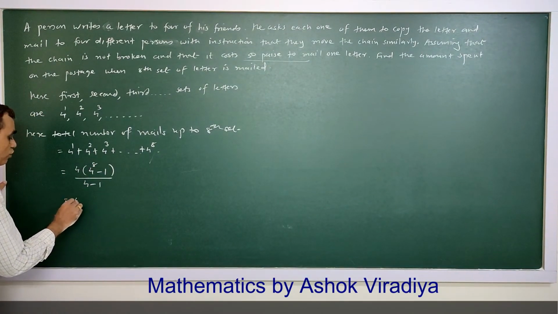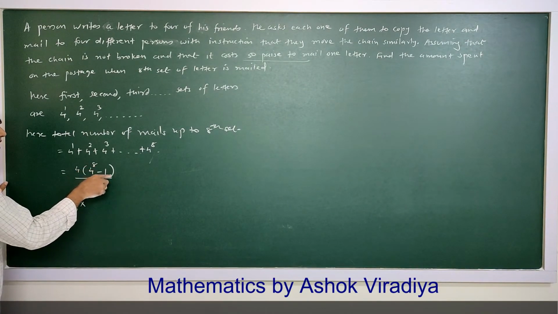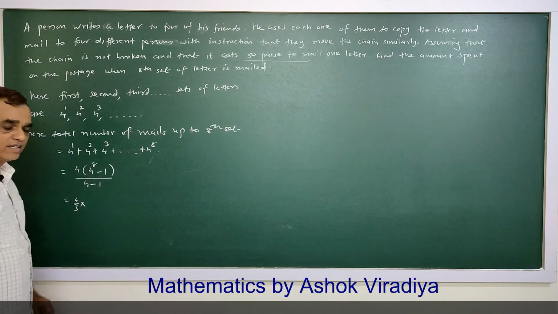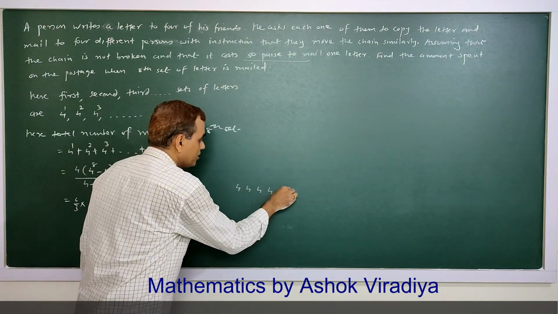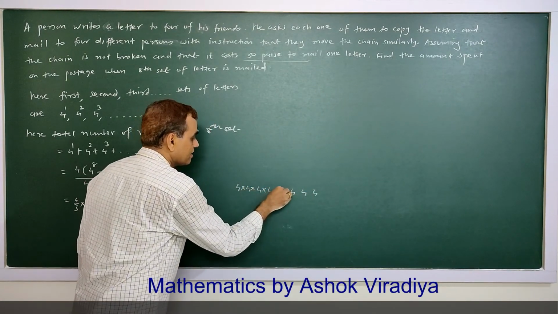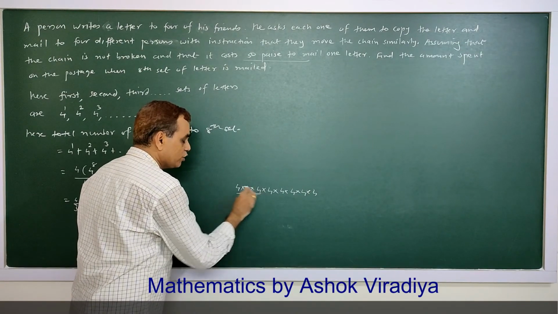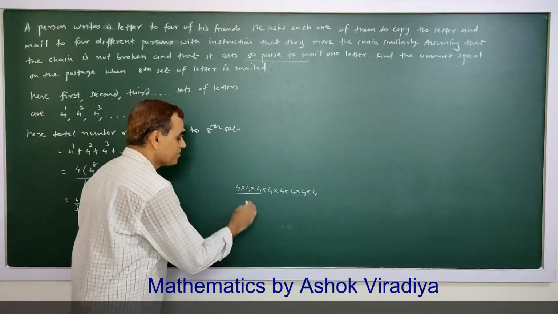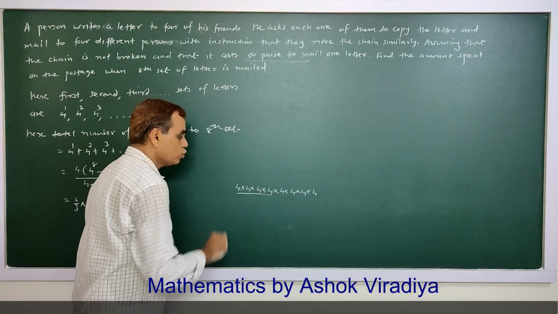That is 4 by 3 into, now, 4 to the 8 minus 1. So 4 to the 8, that is 4 multiplied 8 times. 4 into 4, 16. 16 into 4, 64. 64 into 4, that is 256.